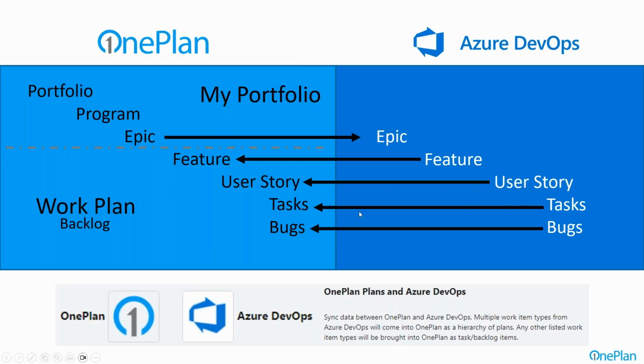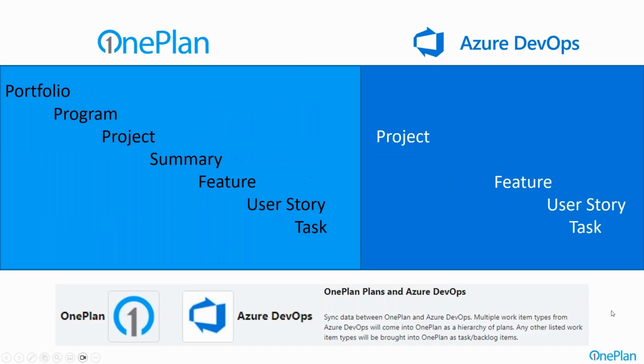Now, by default, typically these come into a work type in OnePlan called the backlog in the work plan, but we'll talk about other variations of this. And this is done through a standard connector that's available between Azure DevOps and OnePlan.